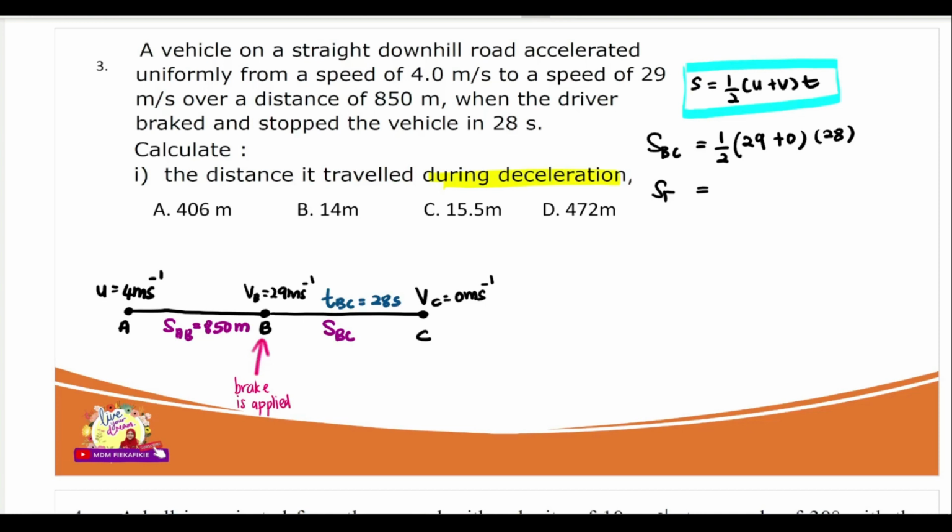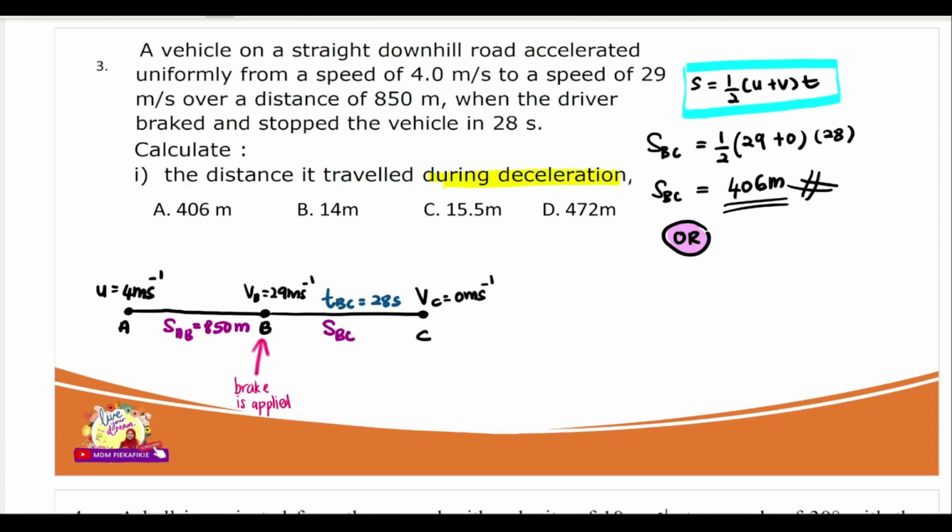But if you don't memorise the equation half U plus V T, no problem. We can still solve it. Okay, we can use another method. We need to find the acceleration first. From B to C, what is the value of its deceleration? A must be negative. So, we can use equation V equal to U plus AT.